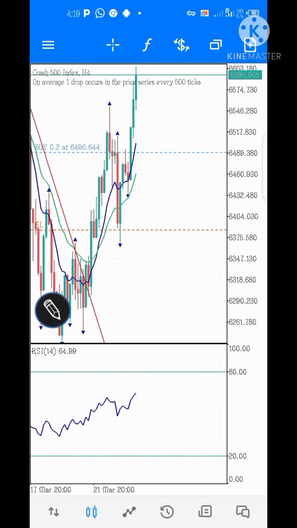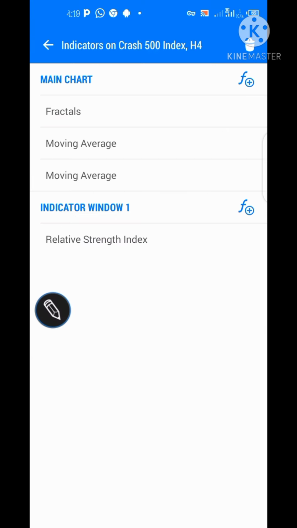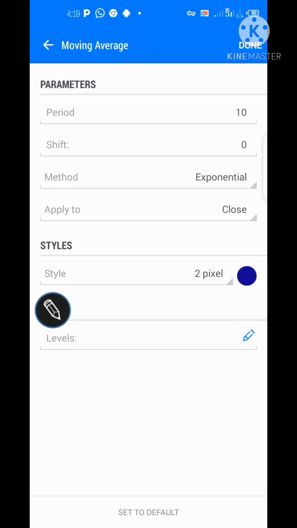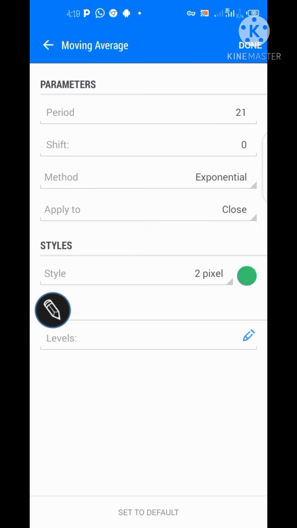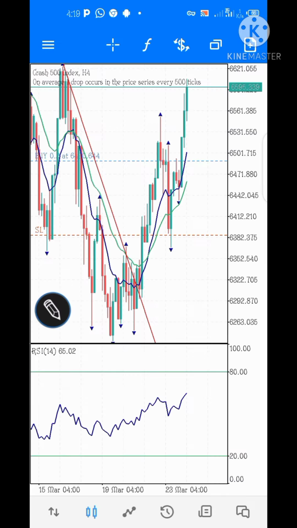Then the second one is moving average. Period is 10, shift 0, method exponential, apply to close, style 2 pixel. Then if you want, you choose blue color, or any color of your choice, and click done. Then the second moving average is 21 exponential, then choose any other color of your choice.